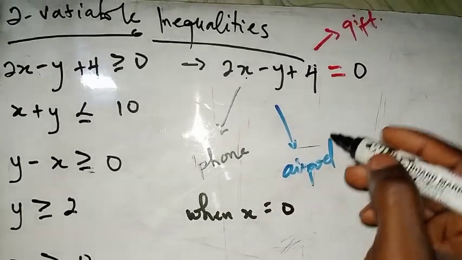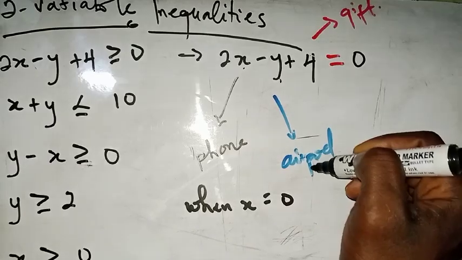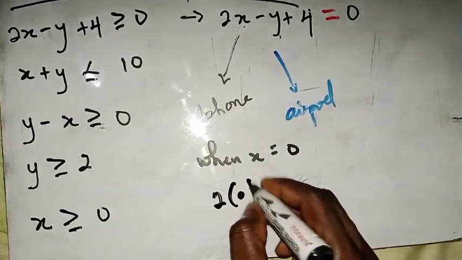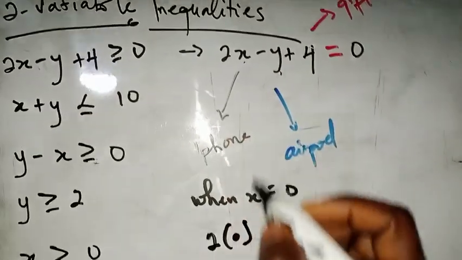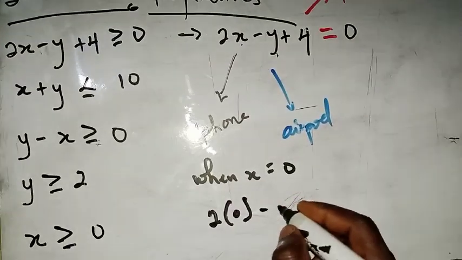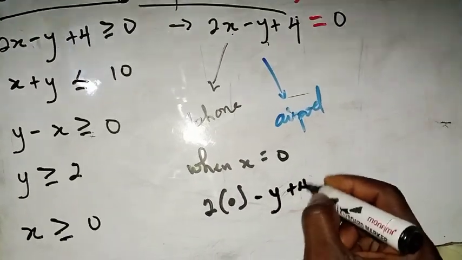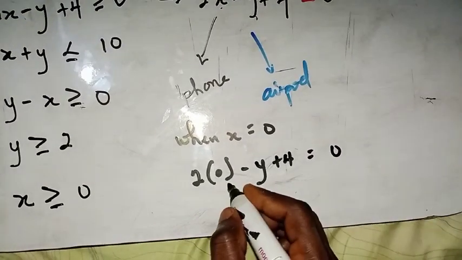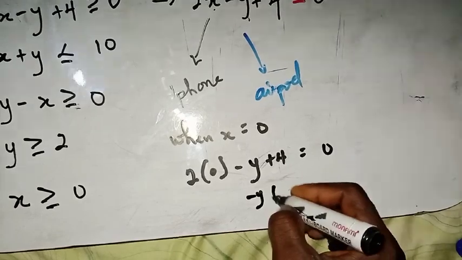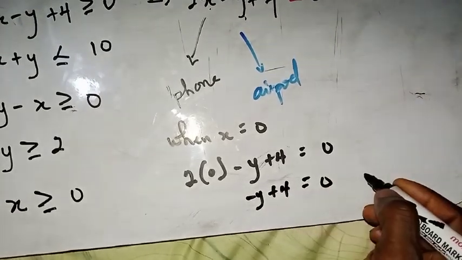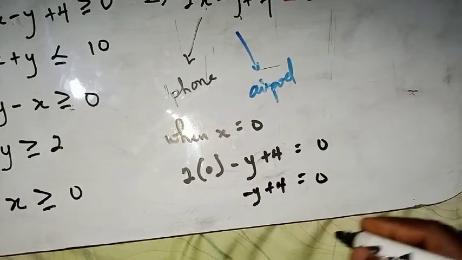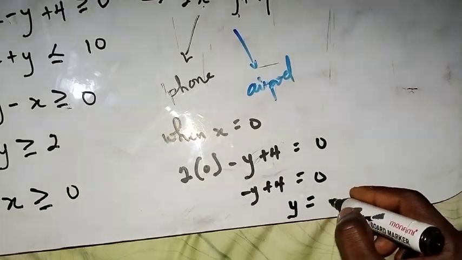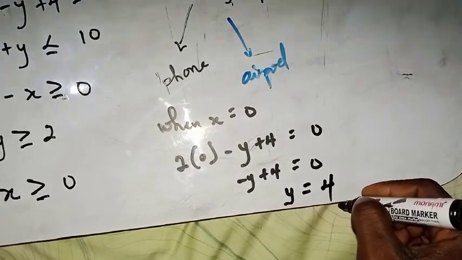The idea is to find the price of the AirPod. So from the equation you have 2 times x, which is 0, and then minus y, plus 4, everything equal to 0. So we have minus y plus 4 equal to 0, and at the end we are going to have y equal to, what do you think? That should be 4.